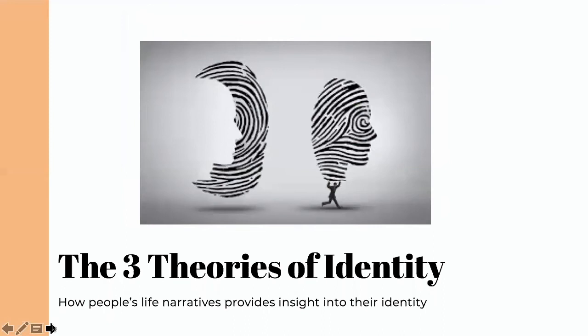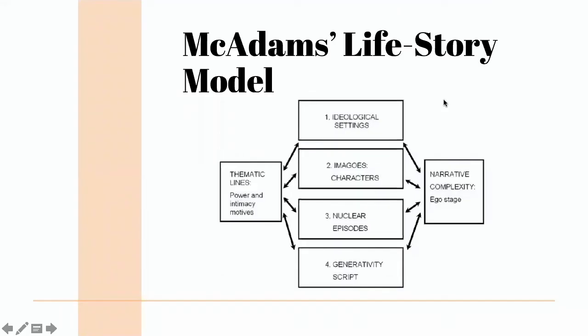Next, we're going to get into the 3 theories of identity, and these are how people's life narratives provide insight into their identity and who they are. So the next theory is McAdams' life cycle model, which tells us that when you look into someone's life story, that gives you a perspective of their identity.